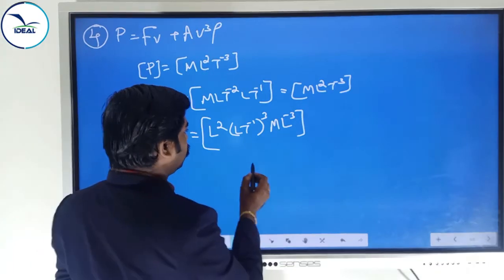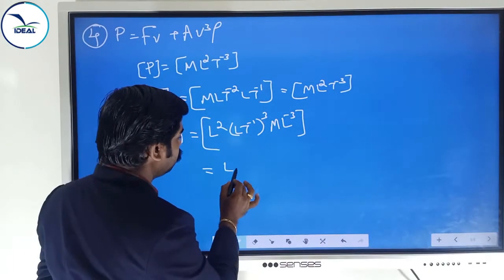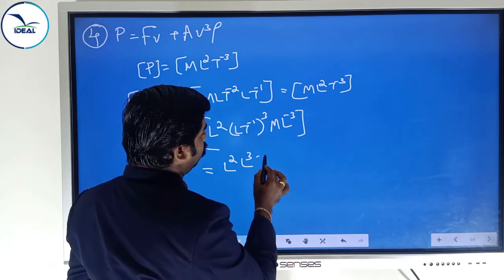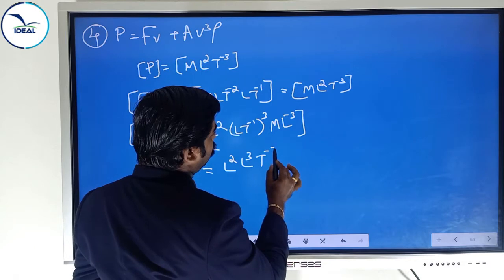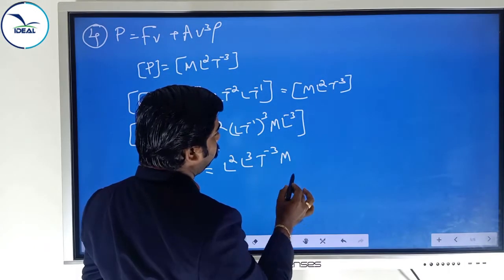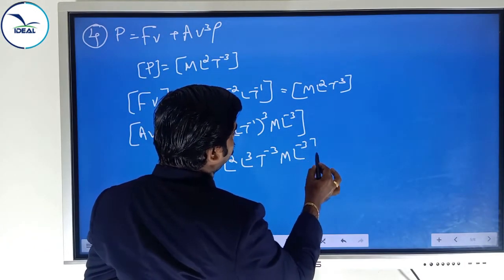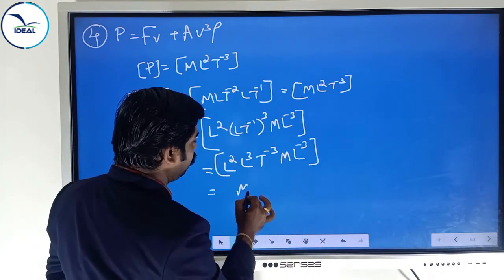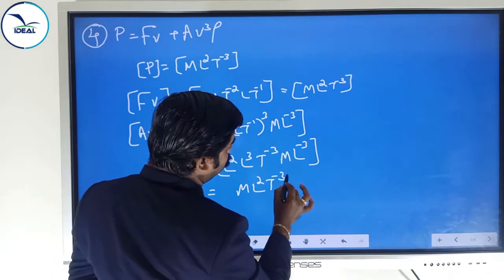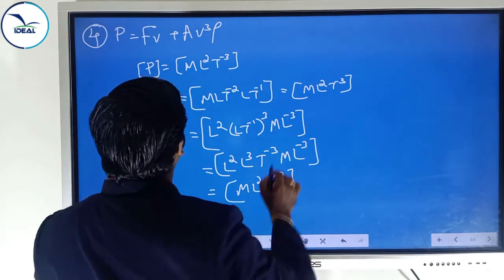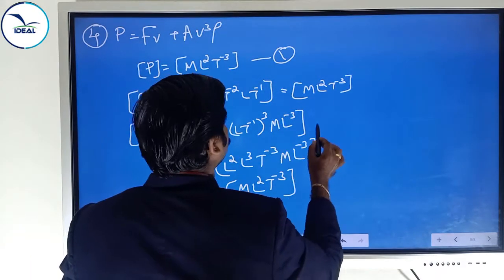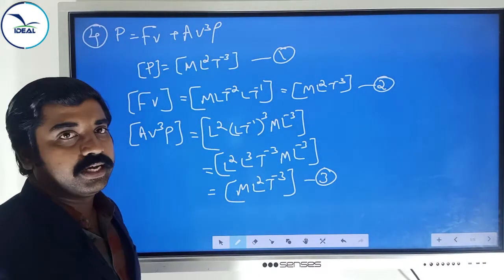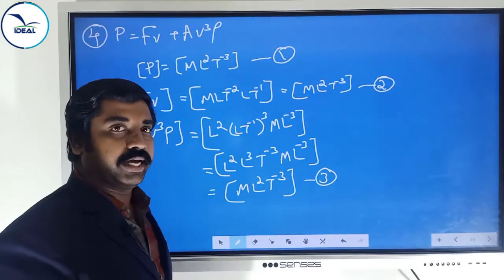So that's equal to L square, L cube, T raised to minus 3, M L raised to minus 3. These terms cancel, so it is equal to M L square T raised to minus 3. From this, all three terms are equal, so we can say that this equation is dimensionally correct.